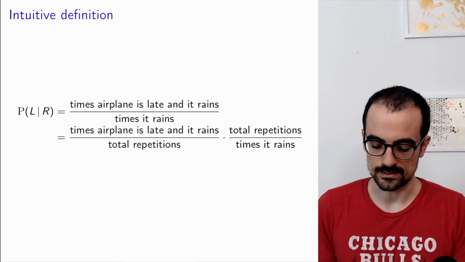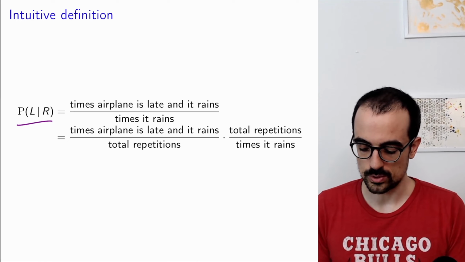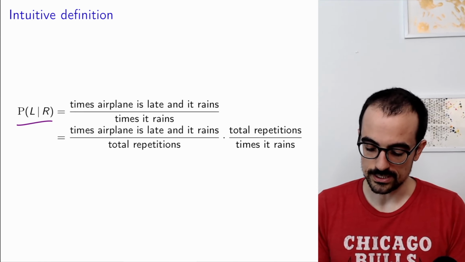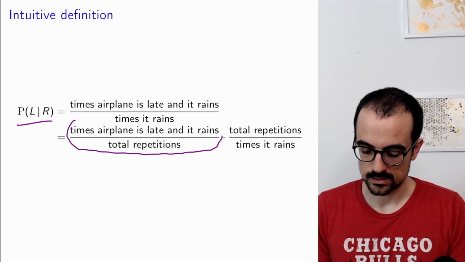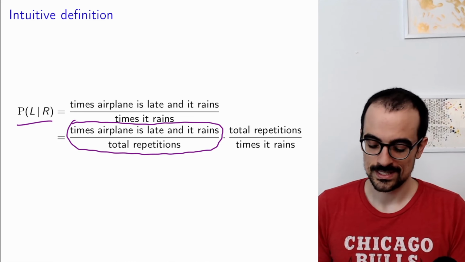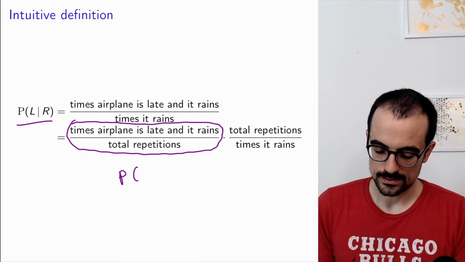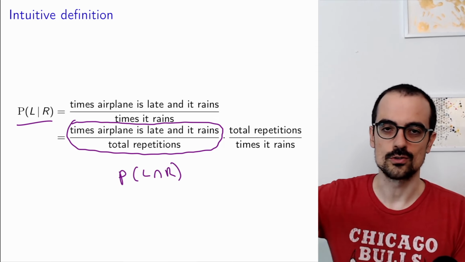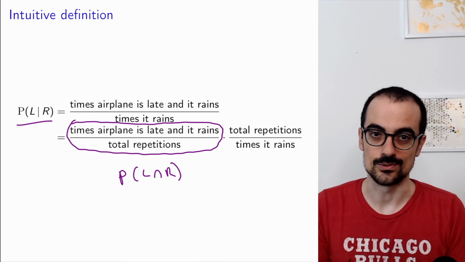Now we have that intuitively the conditional probability of L given R should be equal to this. And we realize something very interesting. What is this probability intuitively? Well, according to our intuitive definition, it's the probability of L intersection R, right? Because out of all of these repetitions, we're looking at the fraction where the airplane is late and it rains.